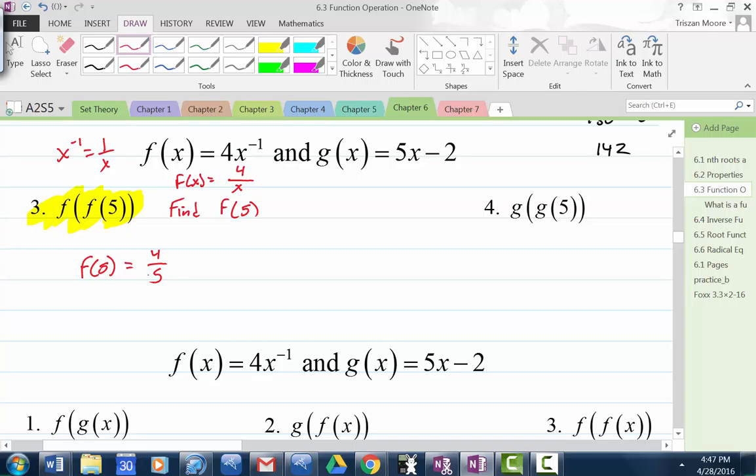So if that's the case, then really f of f of 5 is equal to f of 4 over 5. And if I'm just putting that in my function, that's really 4 over 4 over 5.